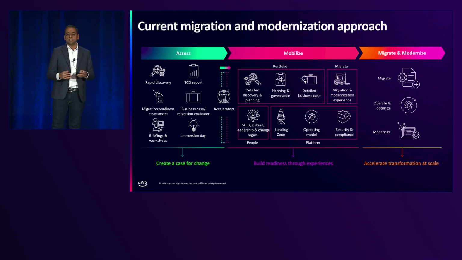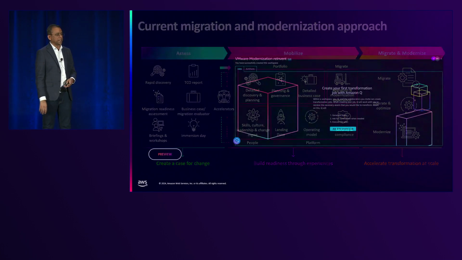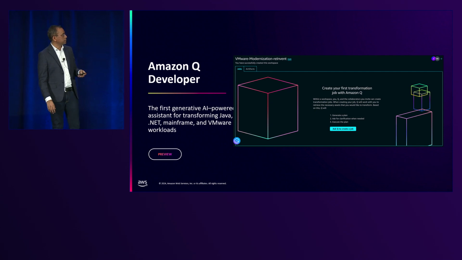And now with generative AI, mainly agentic AI, and innovation in Amazon Q Developer, we have an opportunity to do exactly that. This is the product that we launched at this re:Invent.